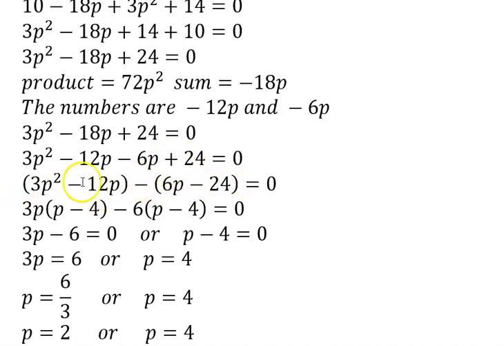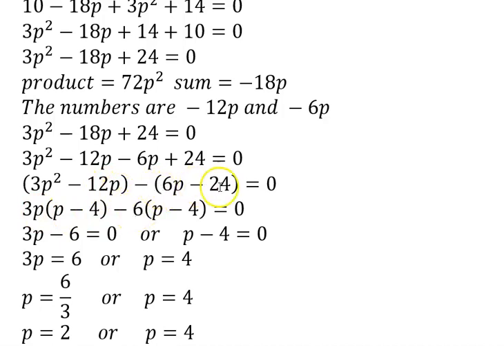Awesome. Now let's factorize what we have here. What is common here? 3p is here, and we can get 3p here as well. Beautiful. So we'll bring it out. If we remove 3p here, we'll be left with only p. Minus, if you remove 3p here, we'll be left with 4. Because if you open up this bracket, 3p times p will give you 3p squared, and 3p times minus 4 will give us 12p.